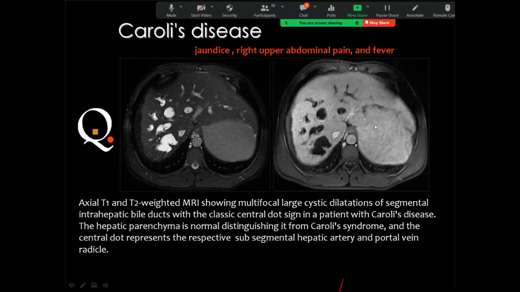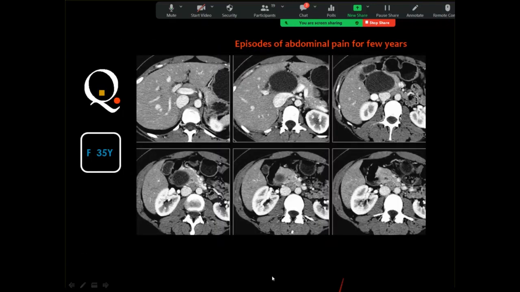And how do you know this is Caroli disease? By the presence of these dots on each side of the bile ducts, which represent the portal venous radicals characteristic of Caroli's disease. Next case.